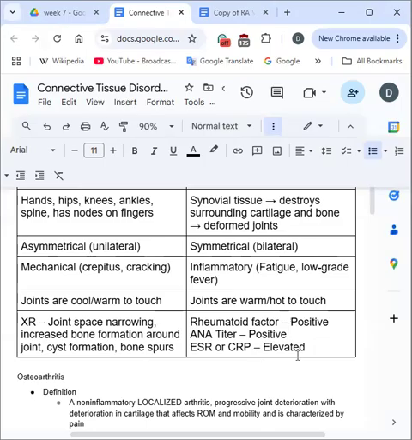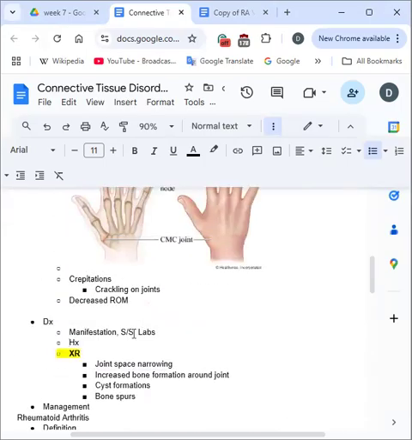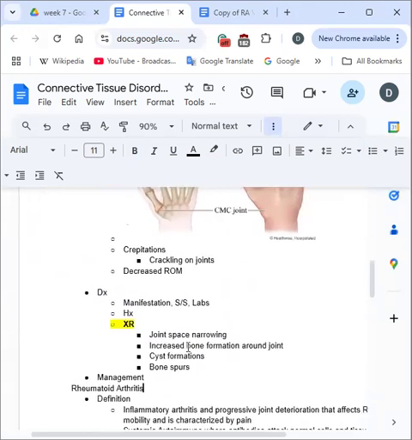But it's a combination of ruling out RA alongside the signs and symptoms, and they'll do an X-ray. They'll be able to diagnose the osteoarthritis. Other than that, it's pretty basic, if I'm being honest. There's not much to really go about.